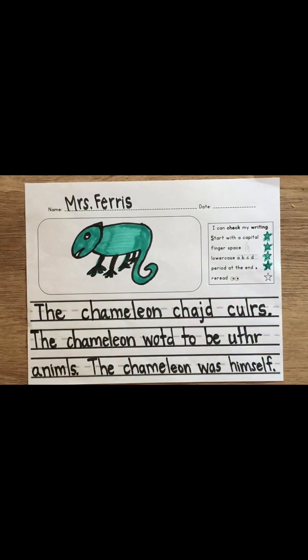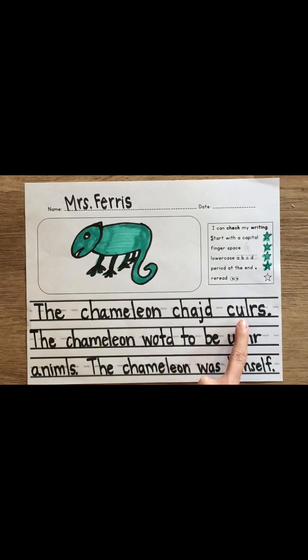I'm going to reread it really carefully, and I'm going to point to every word using my pointer finger. The chameleon changed colors. The chameleon wanted to be other animals.